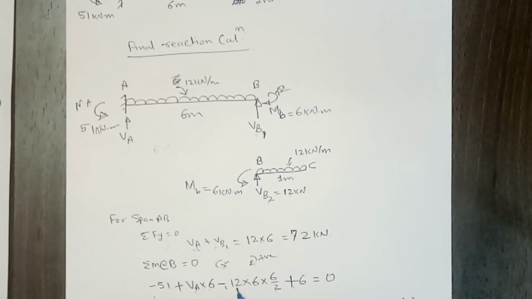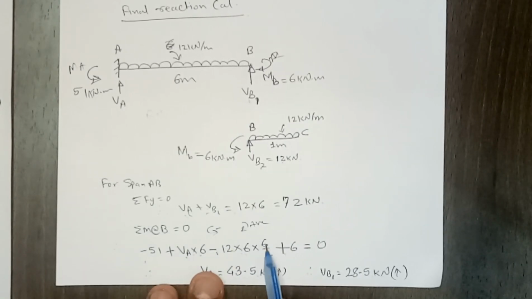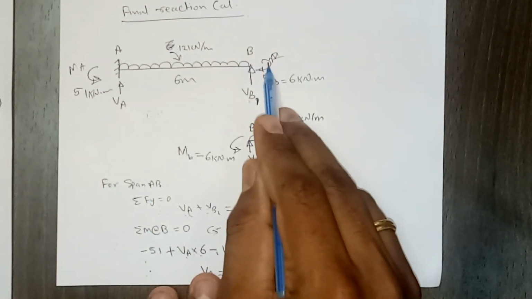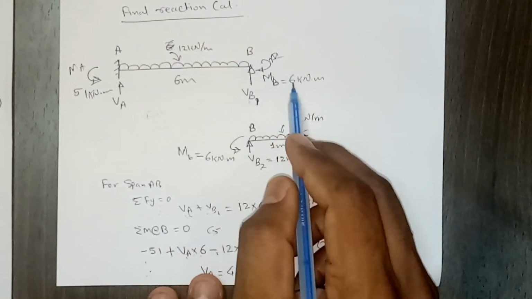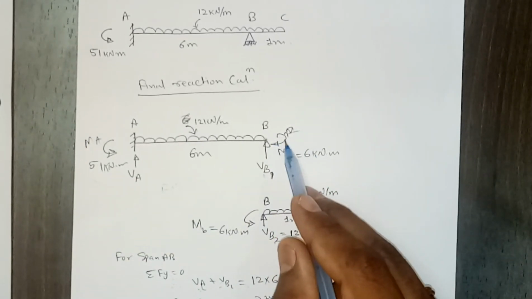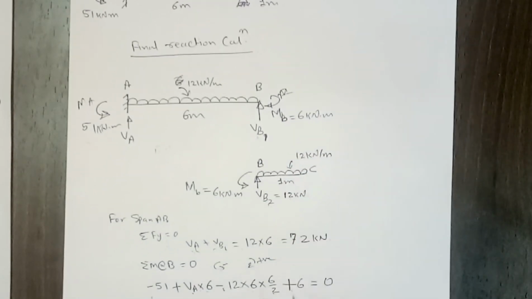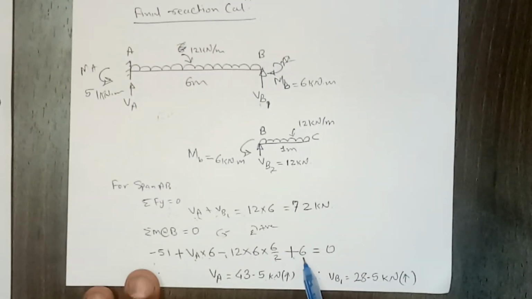So minus 12 into 6 is the load, into the centroidal distance, which is 6 by 2, plus this moment. We also need to consider this moment since it is a moment, not a force. So for a moment we don't need to multiply by distance, so this portion will come. So 6 is there, and this summation should be equal to 0.